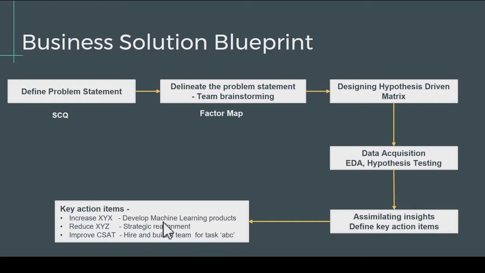So in this fashion, your key action items will have a list of priorities, actions, and the outcomes expected from those actions as a solution path. So all of this together kind of summarizes the blueprint for your solution. So you define, delineate, design, then perform, assimilate, and finally define key action items. But once you solve all of this, you kind of believe that your problem is going to be solved.